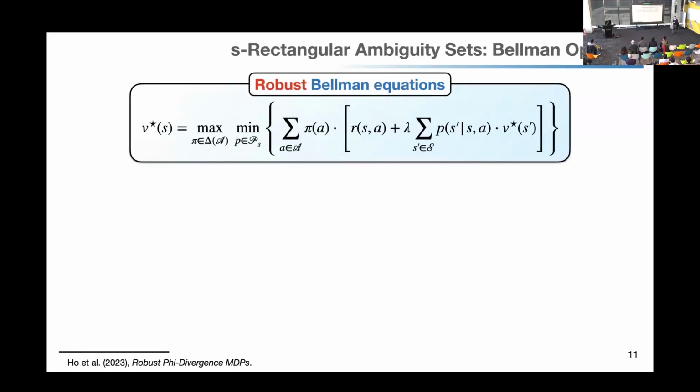And it turns out that under S-rectangularity, we can get an optimal policy by solving a very similar set of equations. I call them robust Bellman equations here. The equations look essentially exactly as before, only 2 key differences. First of all, we now choose the worst transition kernel from within the set PS, because we don't know the transition kernel exactly.